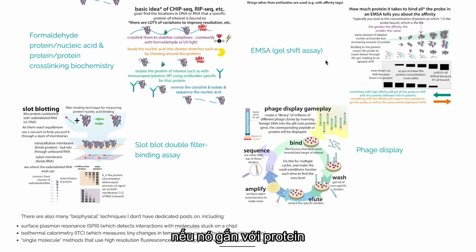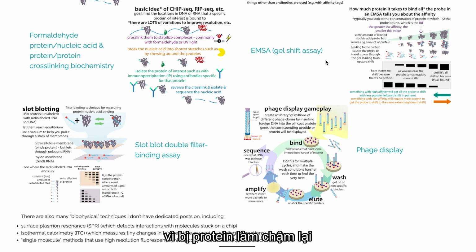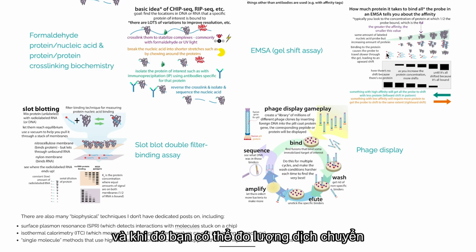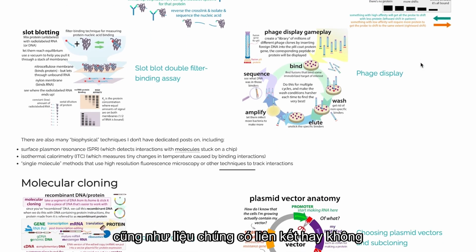If it was bound to the protein, it'll be higher up in the gel because it'll be slowed down by the protein. But if it wasn't bound to the protein, it's going to be lower down in your gel. And so then you can measure how much of it is shifted, so how much of it is bound to that protein and therefore traveling more slowly through the gel, versus how much of it is just free floating. This is going to allow you to determine how strong the binding is, as well as whether or not they're binding in the first place.